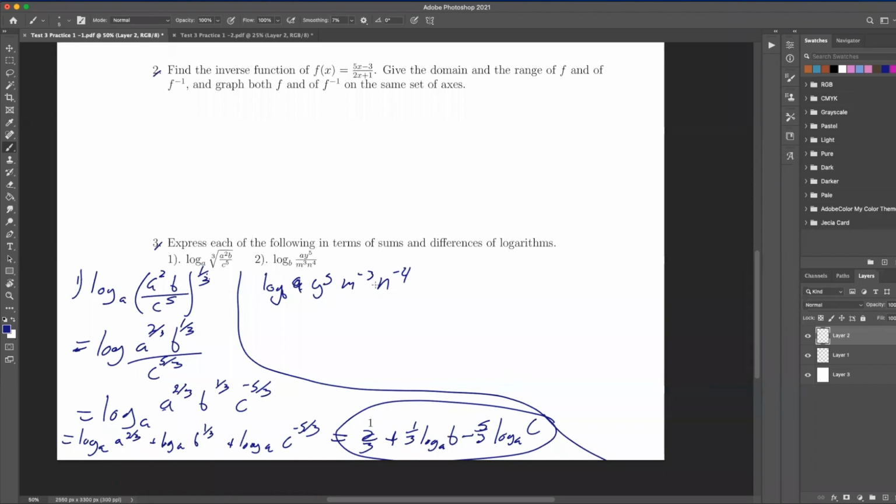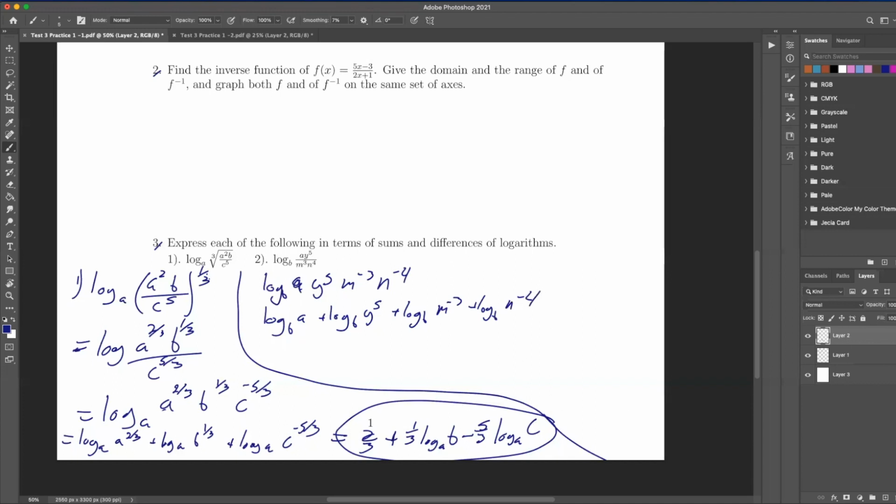All right, so here we're just going to expand this out, and then we can convert multiplication into addition. So we have log base b of a plus log base b of y to the 5th plus log base b of m to the minus 3rd plus log base b of n to the minus 4th.